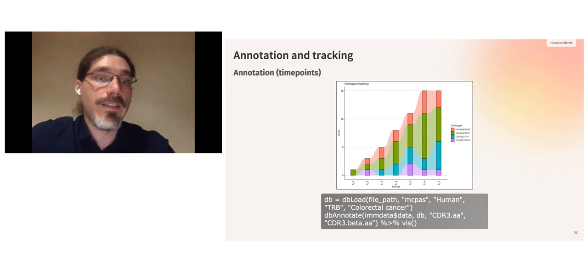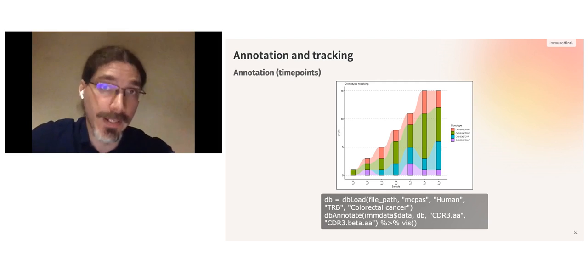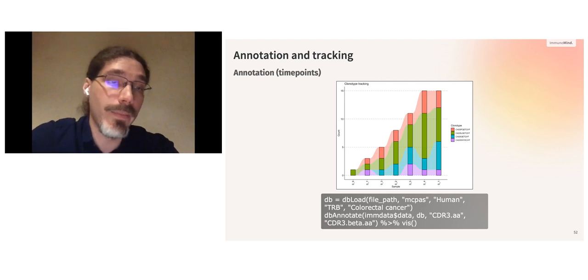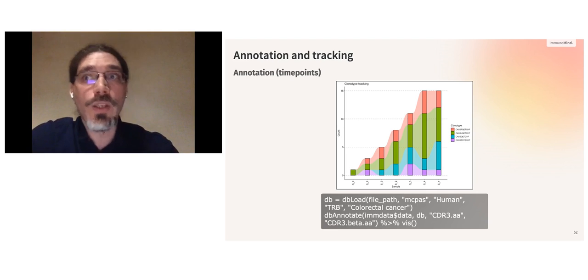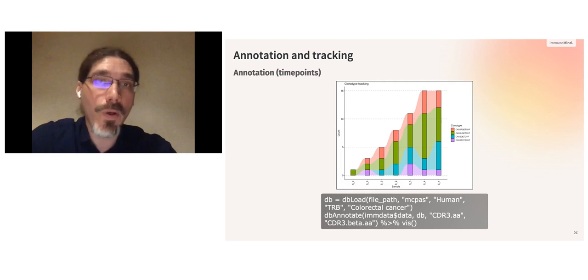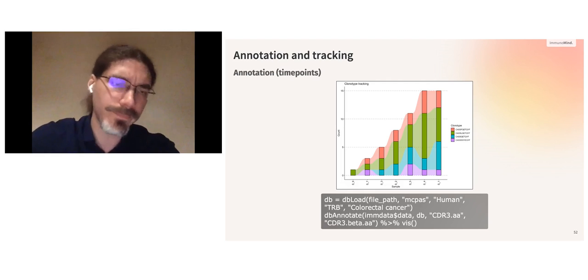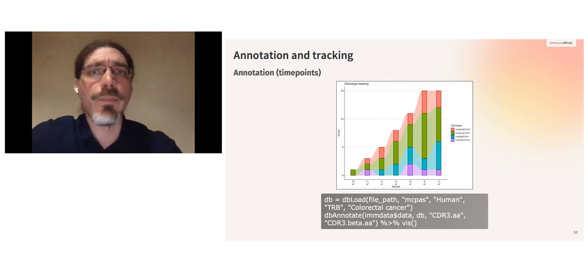You pass the CDR3 column in your data, and to indicate that you would like to use amino acid sequences, you pass the CDR3 beta amino acid name to the function as well, to indicate that you would like to choose this column from the database. If you would like to link together more than one column, you can do it in exactly the same way. You just provide more columns.